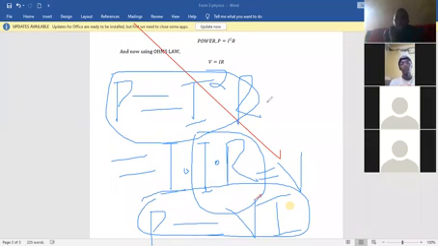Can you work it out? Can you substitute for this I, this one? Let me show you.